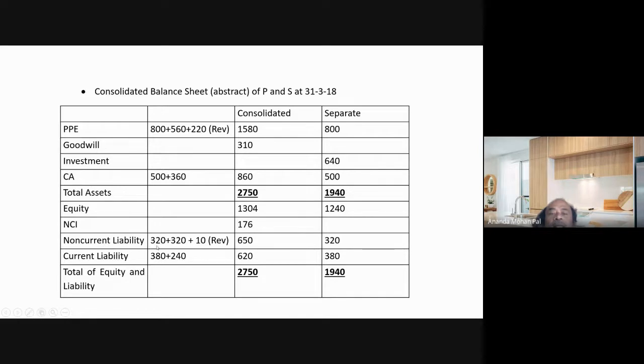Non-current liability, this 320 is the parent's own, that is under separate, and 320 is the book value plus 10 revaluation profit, non-current, 650 is taken here. Current liability only book values total in consolidated, and the parent's own is here. The total equity and liability agrees.